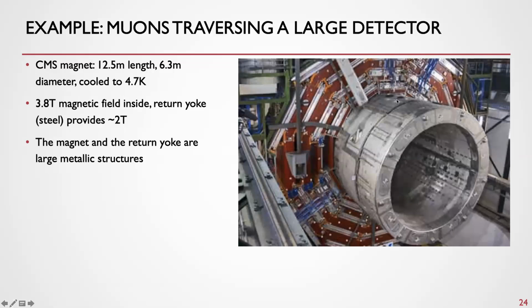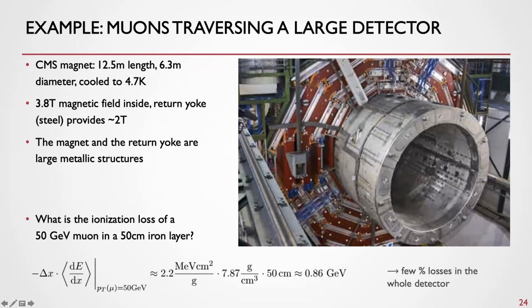It's also cooled to 4.7 Kelvin, and it provides our 3.8 Tesla magnetic field. Outside here is the return yoke, which consists of iron, and the magnetic field outside here is roughly 2 Tesla. So these are very large and thick metallic structures.